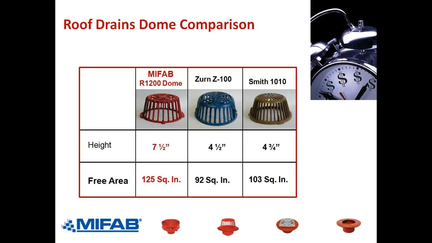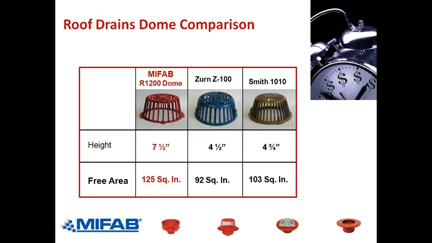The other thing we've learned, ASPE has recently done some testing on flow rates through roof drains. We submitted all of MyFab's roof drains, and they tested them. They wouldn't give us the names of our competition and their results, but they did give us a graph, where our color was, say, red, and there were other colors representing the other roof drain companies.